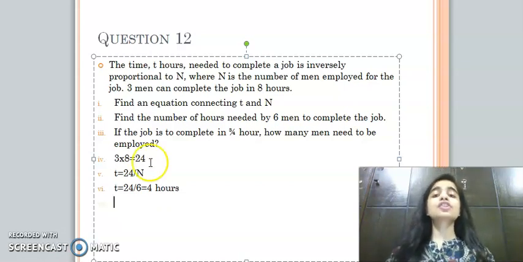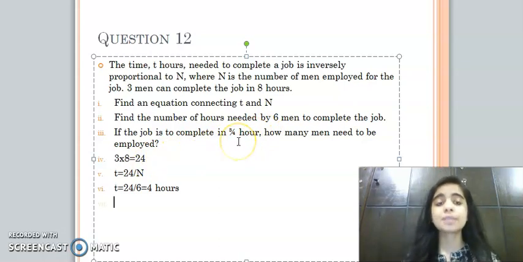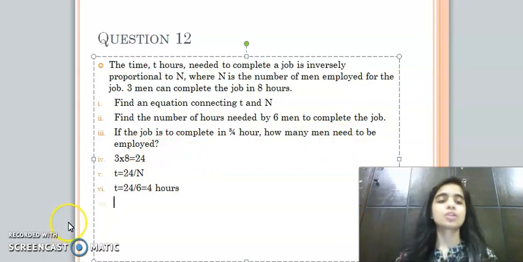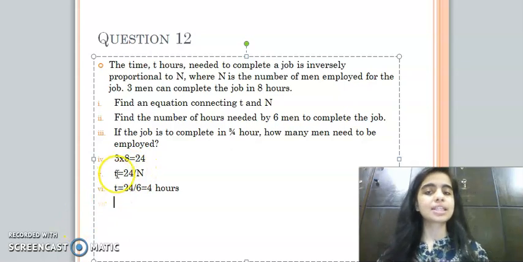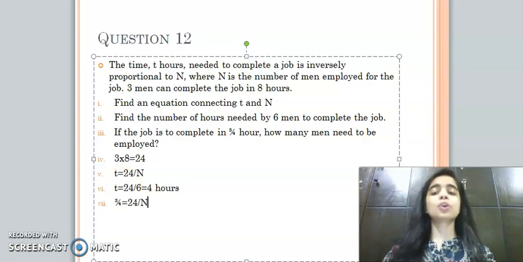Then if the job is to be completed in 3 upon 4 hours, that means 0.75 hours, how many men need to be employed? So how many men are needed for the job basically? We'll use the same formula. This time we have the time. So it will be 3 upon 4 is equal to 24 divided by n. We don't know n.